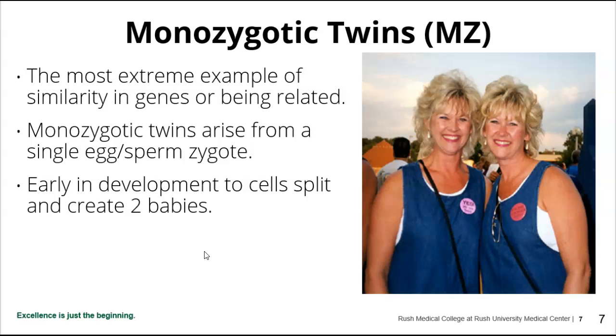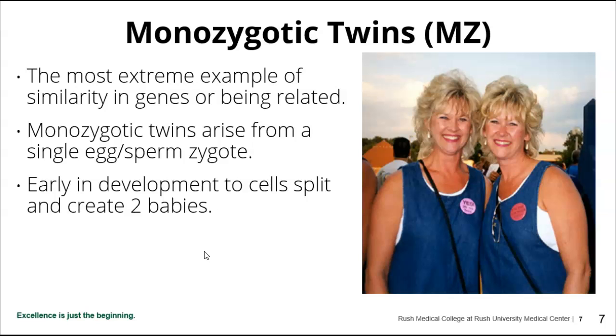Monozygotic twins are the most extreme example of similarity of genes. In monozygotic twins, the egg and sperm get together, and somewhere by the 16-cell stage, all of those 16 cells have the ability to create a complete individual. So identical twins separate some time before.